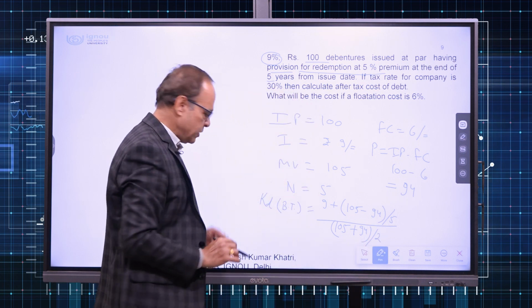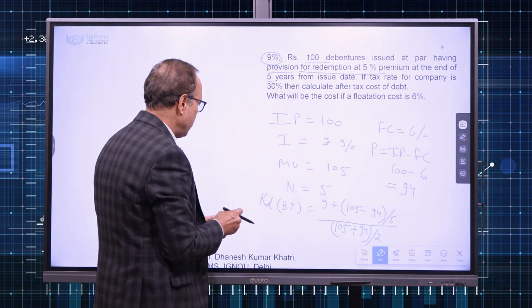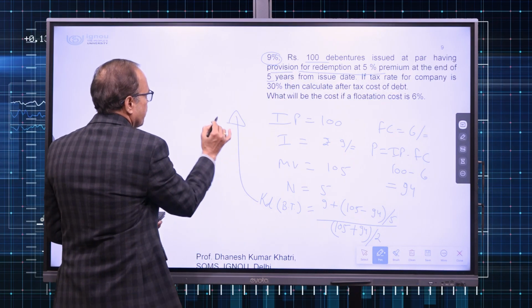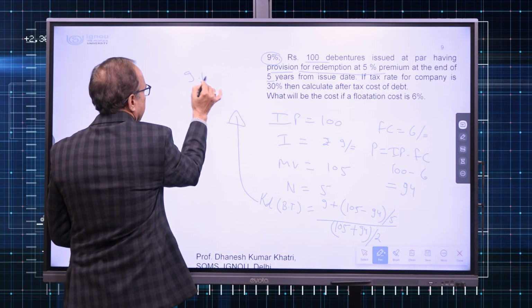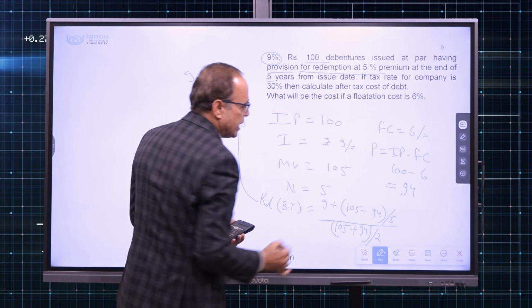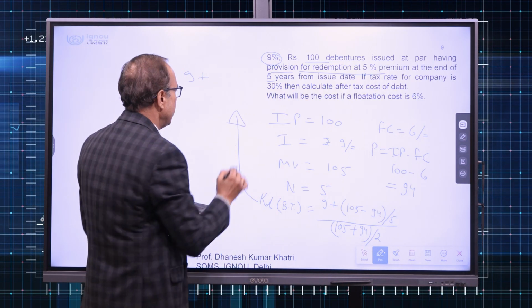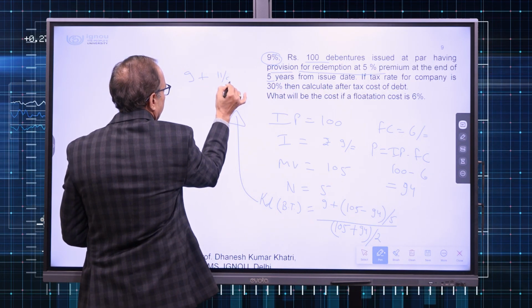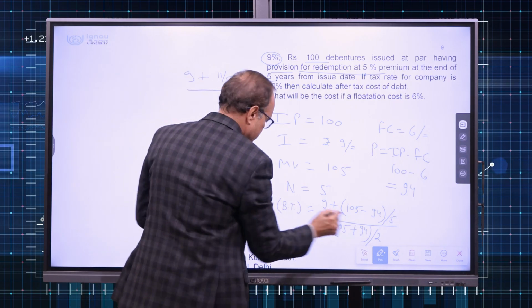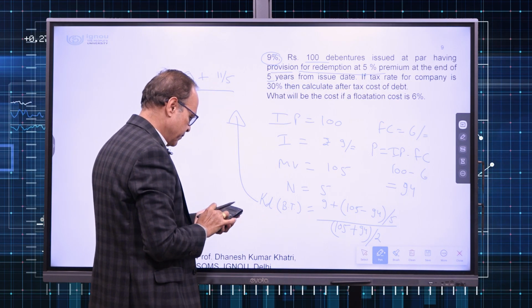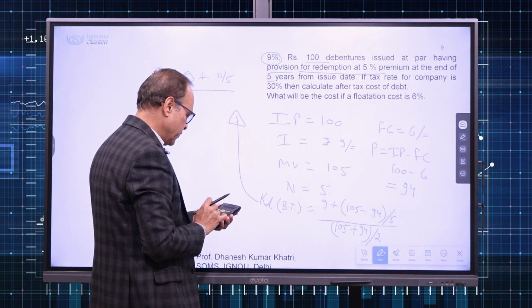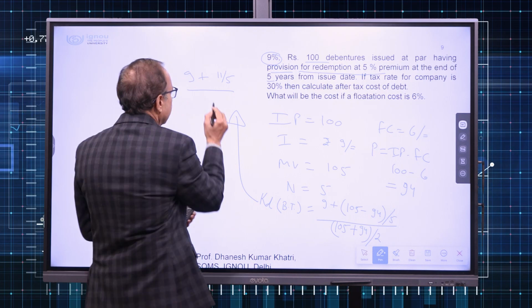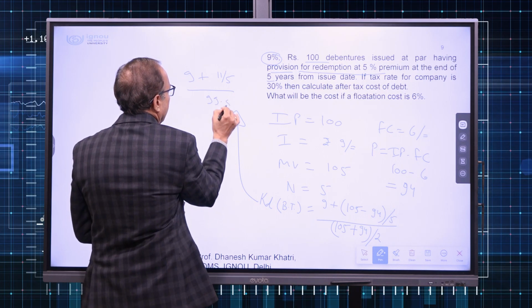Now if you see this particular calculation, how it will work out. You can see it is 9 plus the gap between 105 and 94, which is 11. So 11 divided by 5, over an average of these two, so 105 plus 94 divided by 2. We get 99.5.